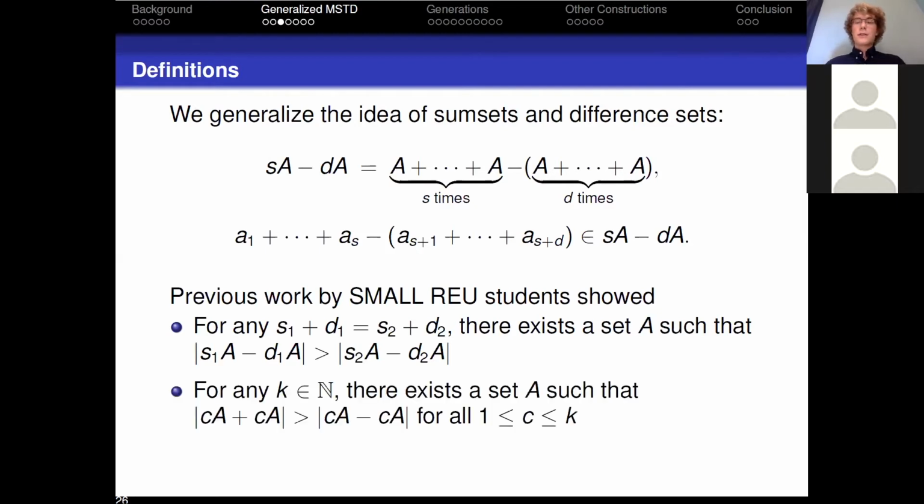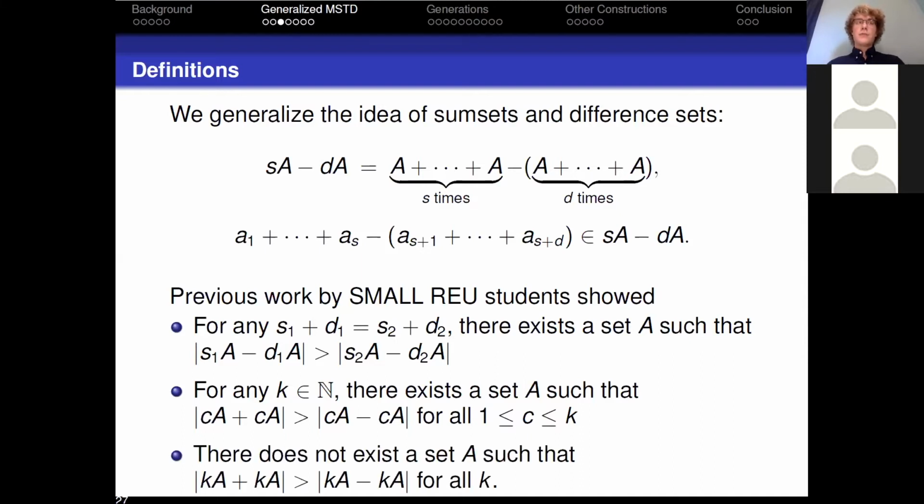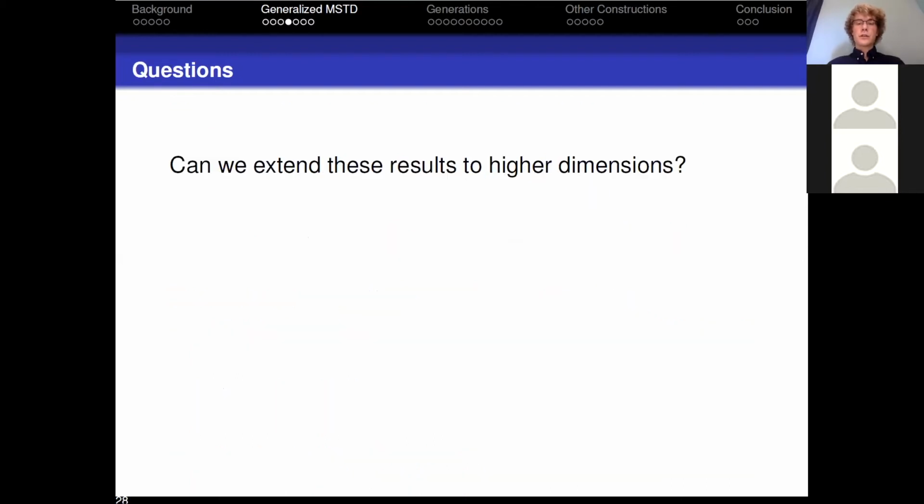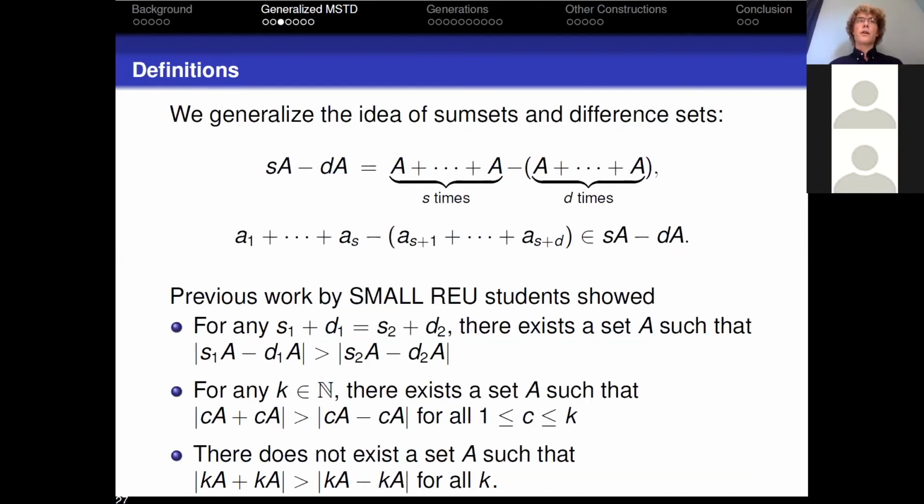They also showed that given any natural number k, there exists a set A so that as long as C is less than or equal to k, CA plus CA is going to have more elements than CA minus CA. And finally, they showed that even though these examples exist individually for each k, there's no set A which is an example for all k. So these examples only work in specific cases.